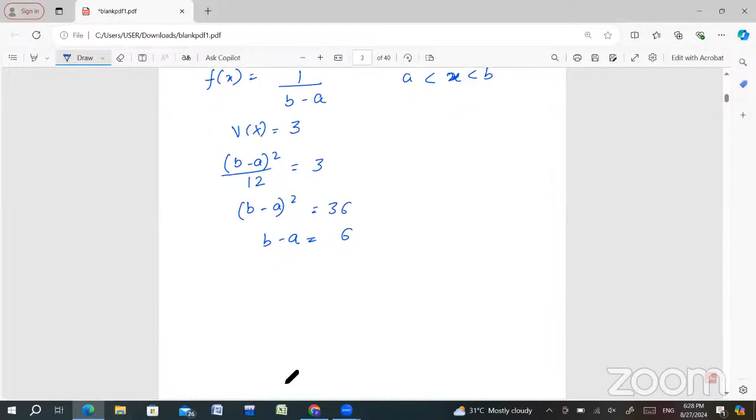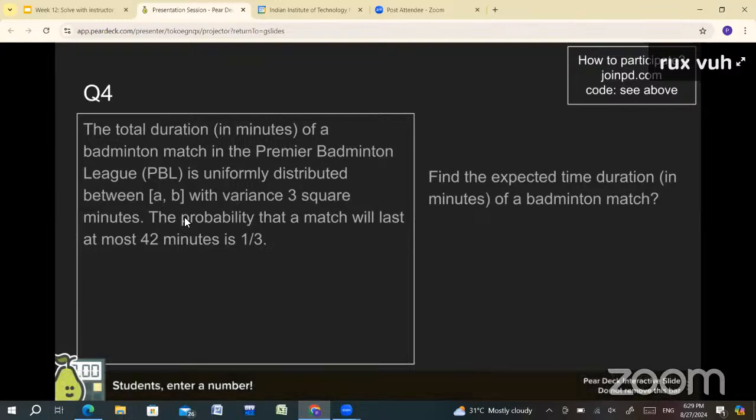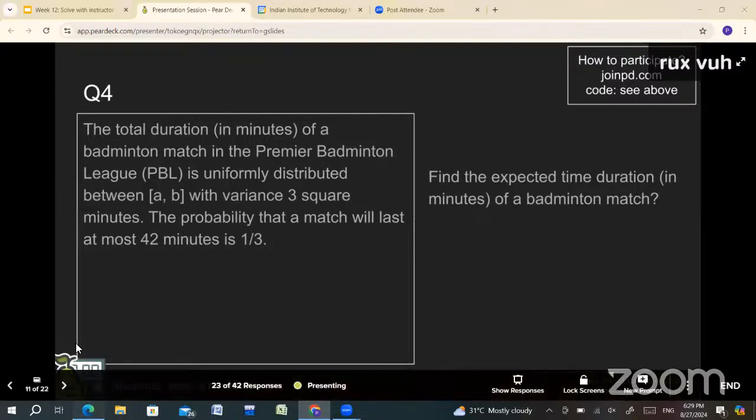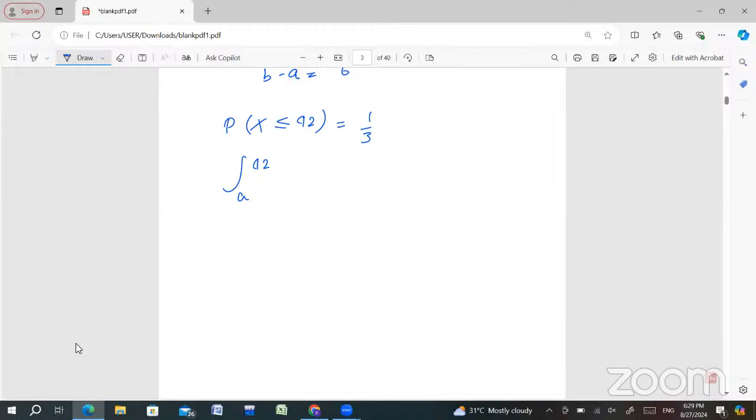Okay. Also it is given that the probability that the match will last at most 42 minutes is 1 by 3. So the probability that X will take at most 42 minutes is 1 by 3. We can write it as the integral with lower limit A, upper limit 42, of 1 upon B minus A dx, equal to 1 by 3.